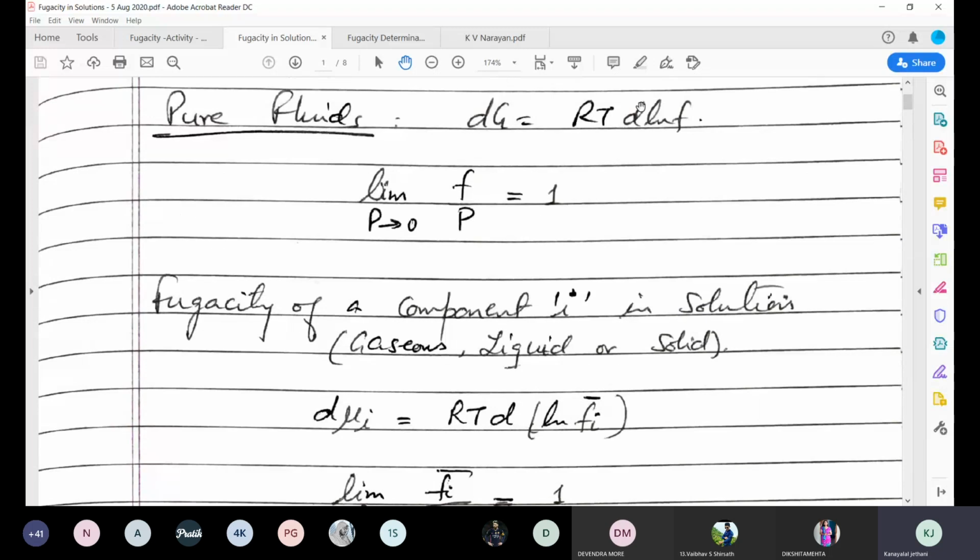Similar to this one, we write this equation. जैसे हमने पहले किया था ना, किसके लिए किया था हमने? From pressure we derived fugacity, right? किया था कि नहीं? Fugacity equation कैसे assume किया था? याद आ रहा है कुछ?